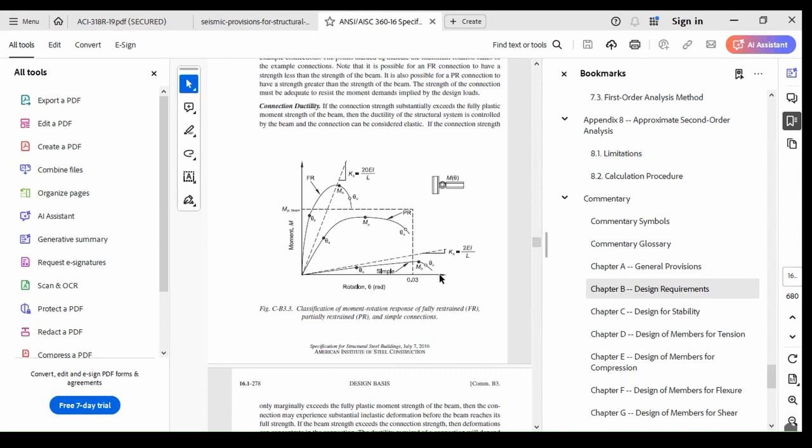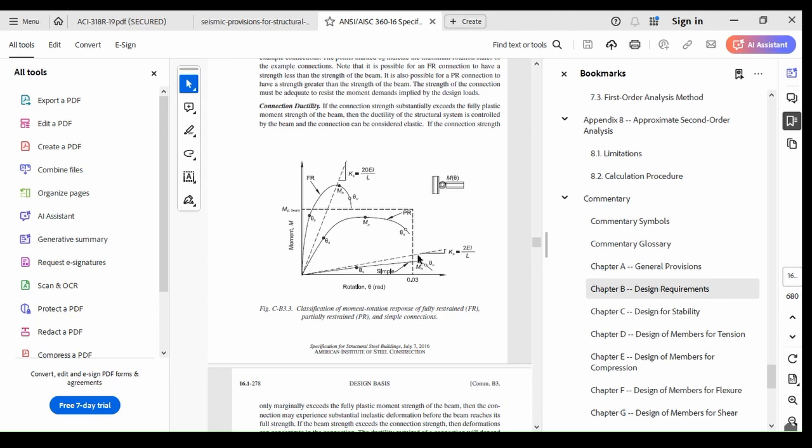If the diagram of moment rotation lies above this area, then it is a rigid connection, and if it lies below this area, it is a pin connection.